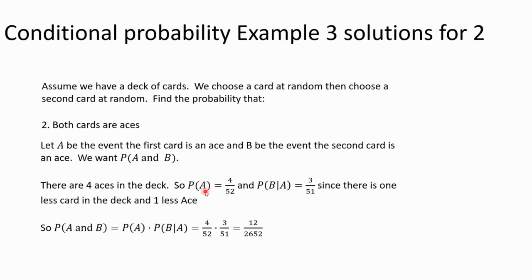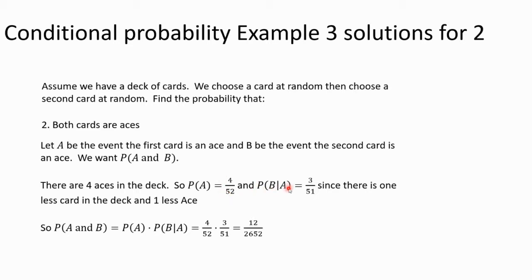The probability of A then would be 4 out of 52. There's 4 aces in the deck. The probability of B given A is 3 out of 51 then. Again, for A, this is the probability that the first card is an ace. Well, it's 4 out of 52, there's 4 aces, 52 cards in the deck.